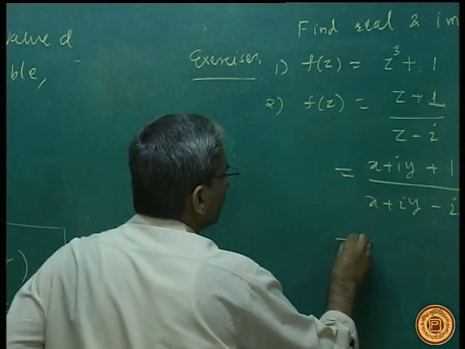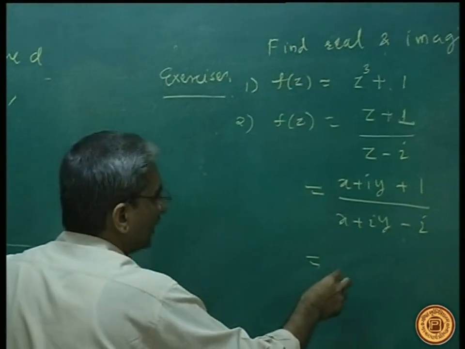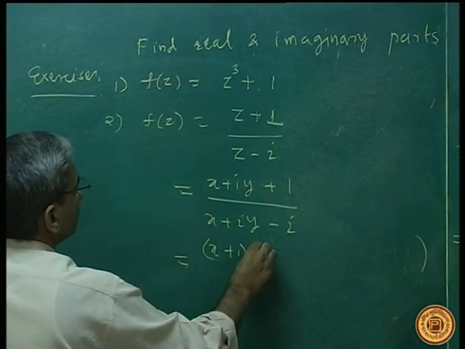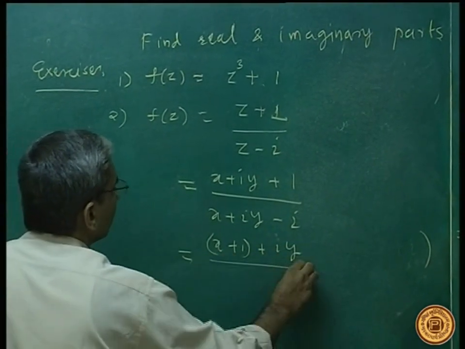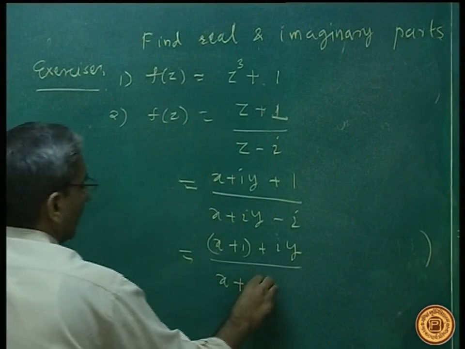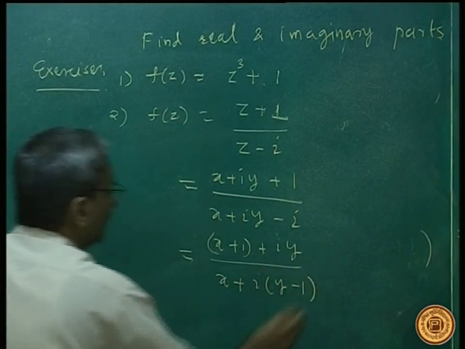So you know that you have to multiply by the conjugate in the denominator. So it is (x plus 1 plus iy) upon (x plus i times (y minus 1)).